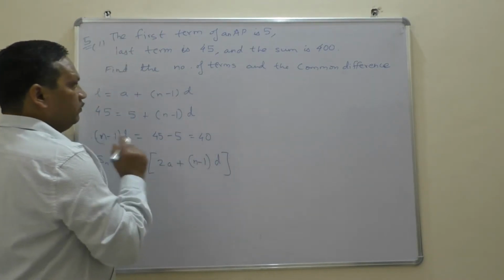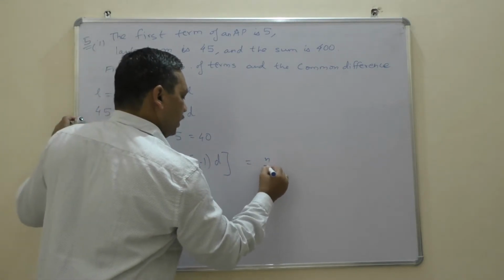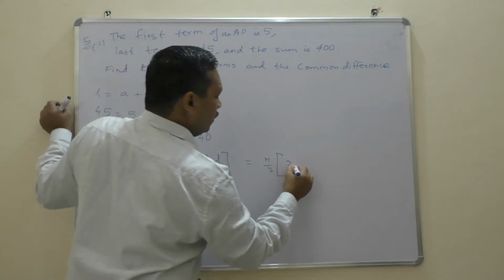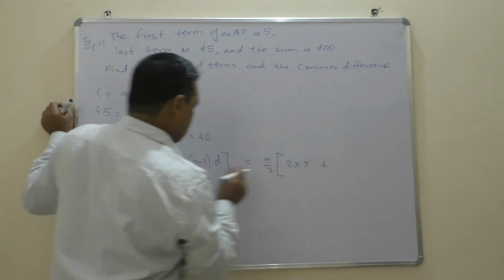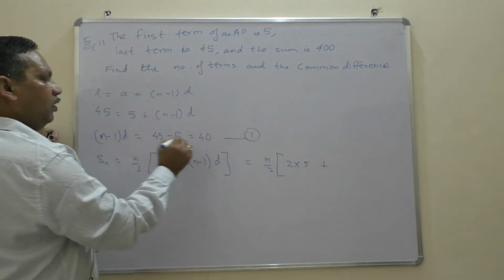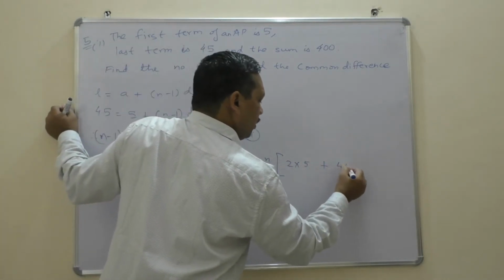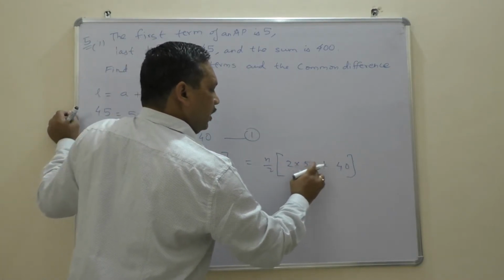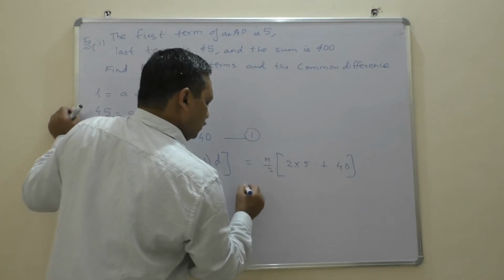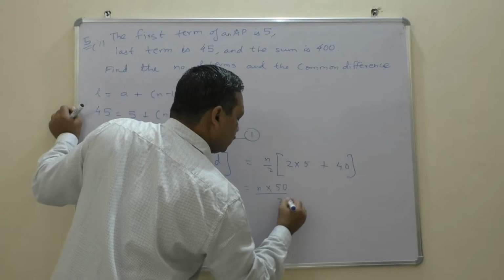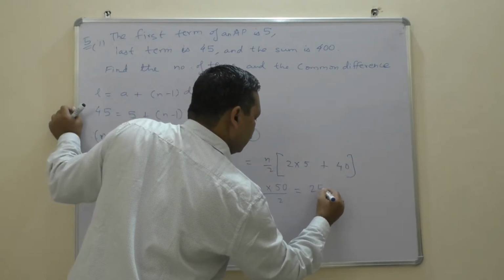And what is n? We don't know, no problem. So n by 2, 2a. A is 5, so 2 into 5 plus n minus 1 d, which is 40. So 10 plus 40 is 50. So this is n multiplied by 50 upon 2, which is 25n. Yes or no?